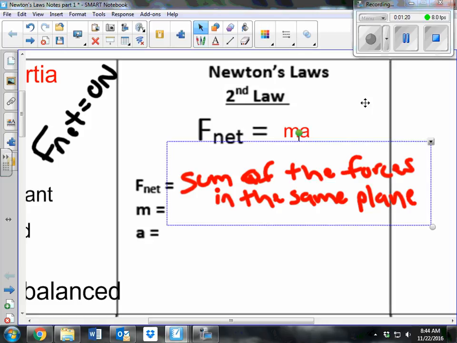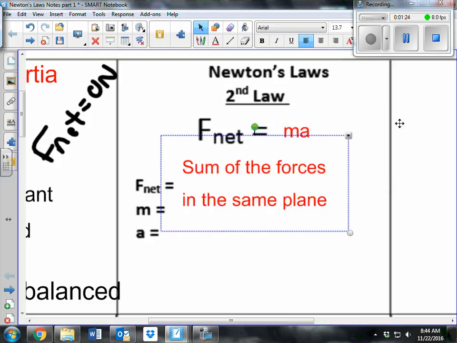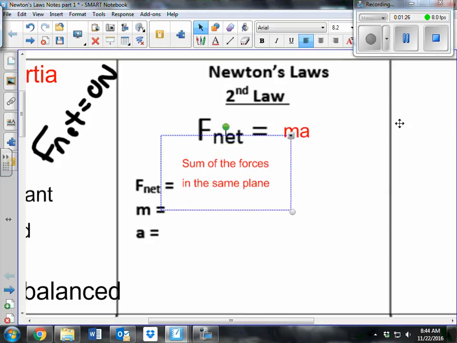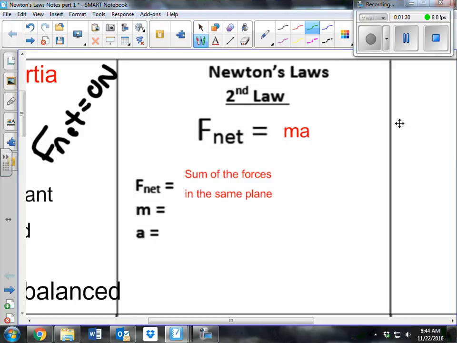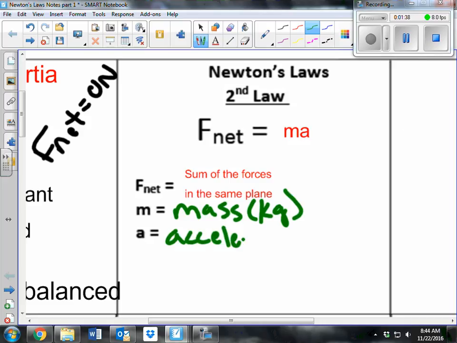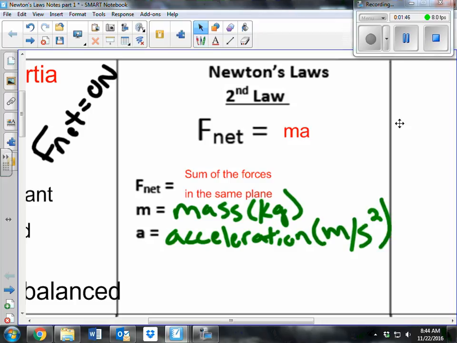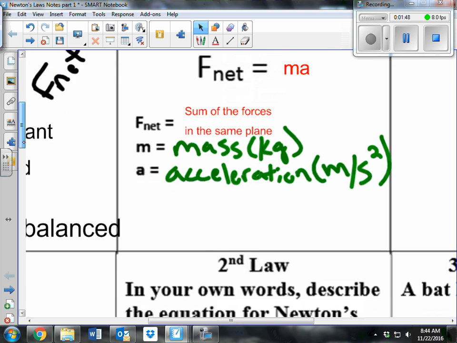So I add and subtract all my x's and all my y's separately. M stands for mass, and that's measured in kilograms. And A is acceleration, and that is meters per second squared. So that is Newton's second law in a nutshell.